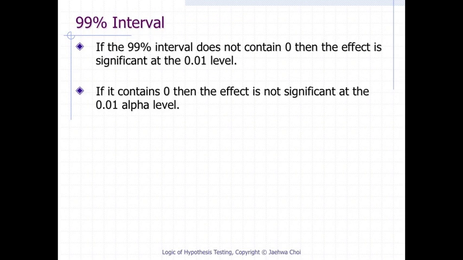There is a similar relationship between the 99% confidence interval and significance at the 0.01 level. If the 99% interval does not contain 0, then the effect is significant at the 0.01 level. If the interval contains 0, then the effect is not significant at the 0.01 alpha level.